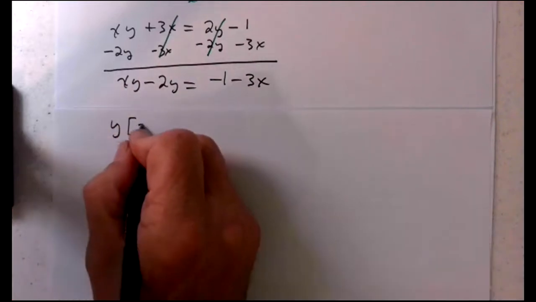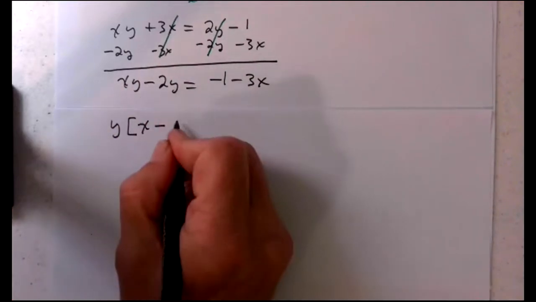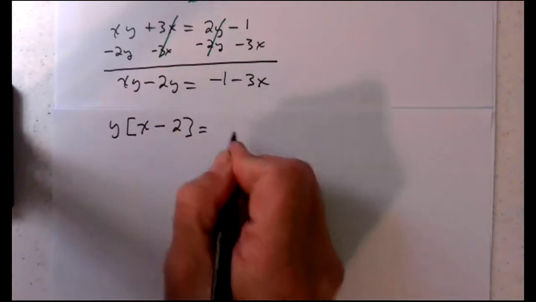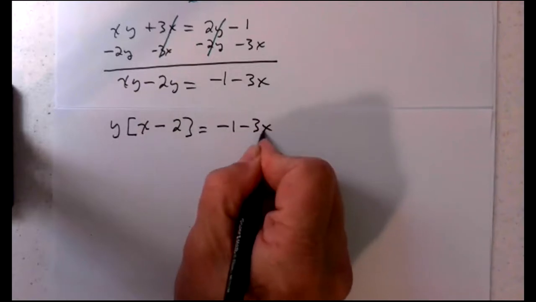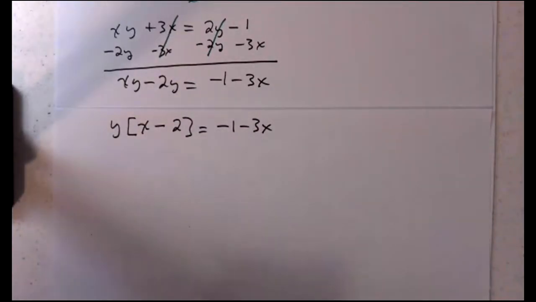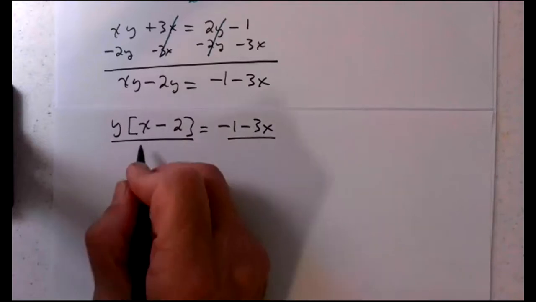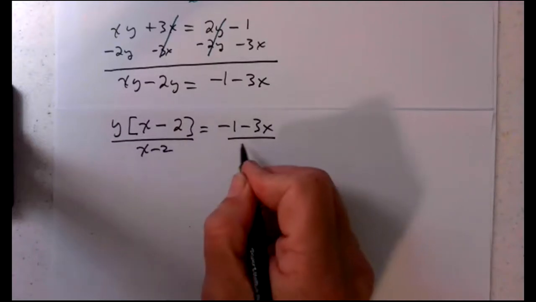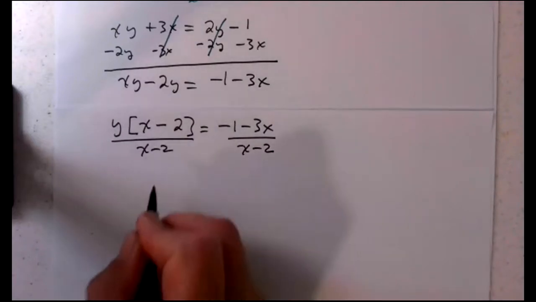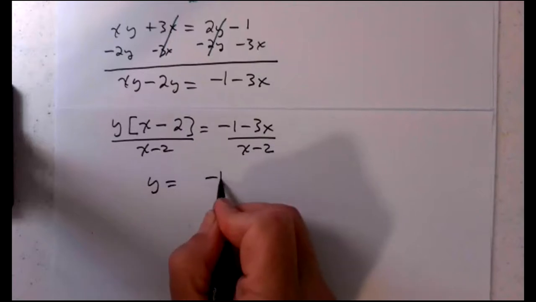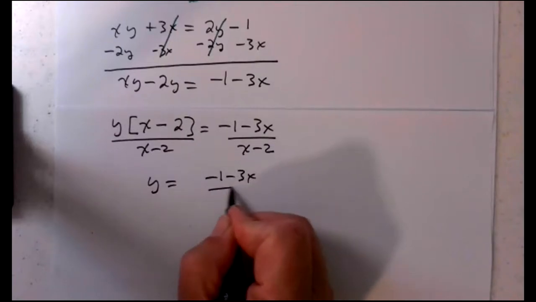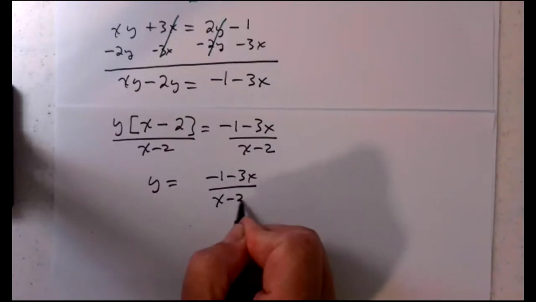Dividing y out of xy, I get x, minus dividing y out of 2y, I get 2, is -1 minus 3x. And then I finish this by dividing both sides by what's multiplying y, which is x minus 2. So I get y equals -1 minus 3x over x minus 2.